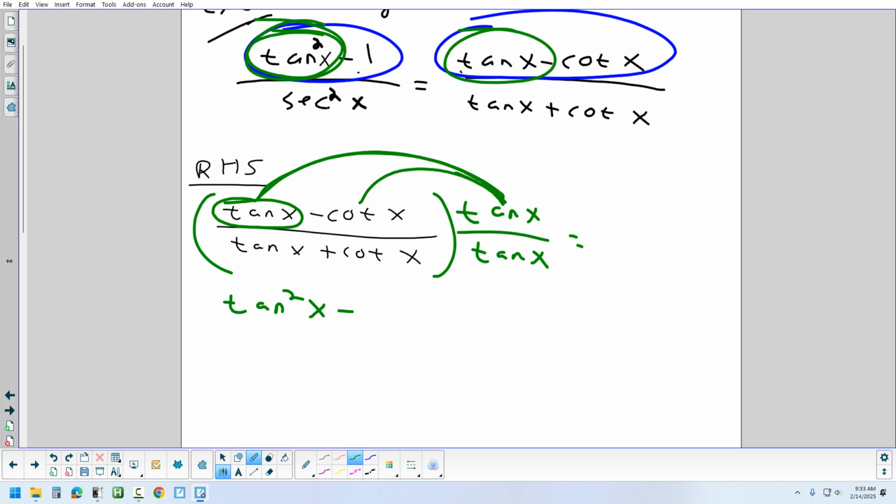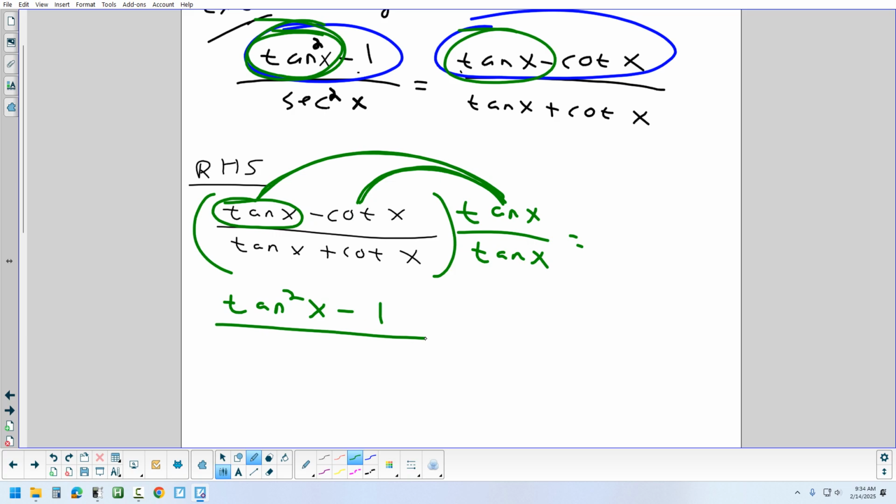When you multiply two reciprocals together, what do you get? 1. So by making the first term look like what we wanted, it also automatically made the second term look like exactly what we wanted. Okay? So now we've turned the top exactly into what we wanted from the other side.